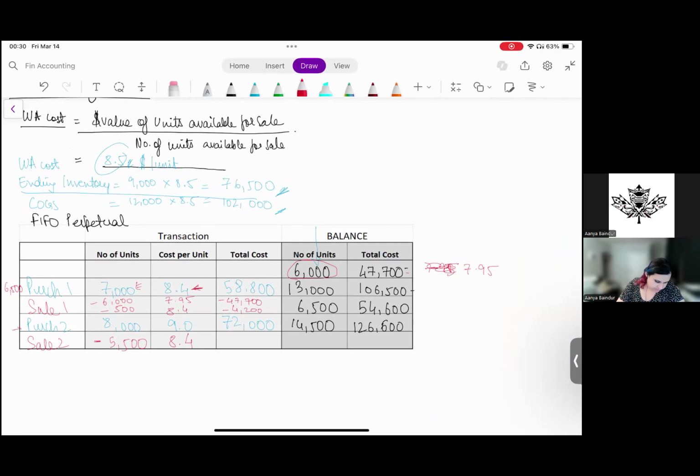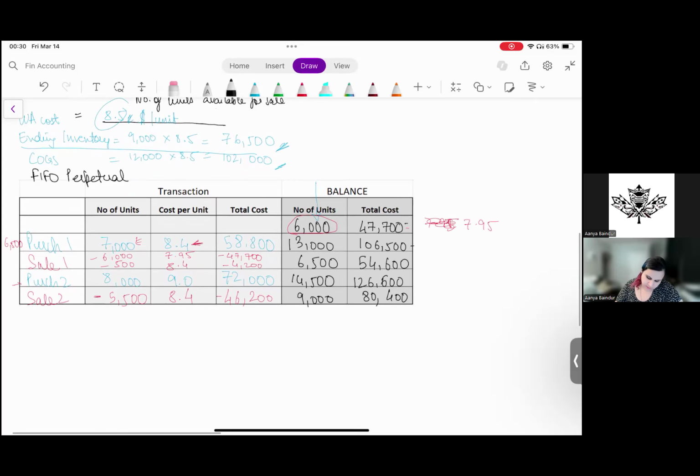So let's do 5,500 times 8.4. That gives you 46,200. And now find what your balance is. So your end balance will be 9,000 and this will be 80,400. Perfect.